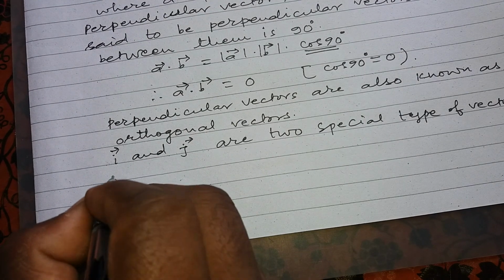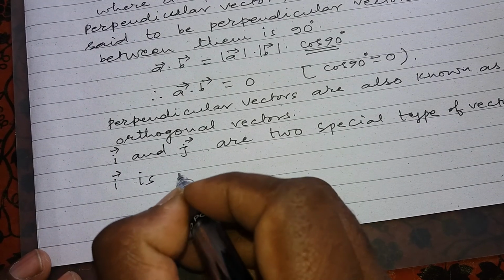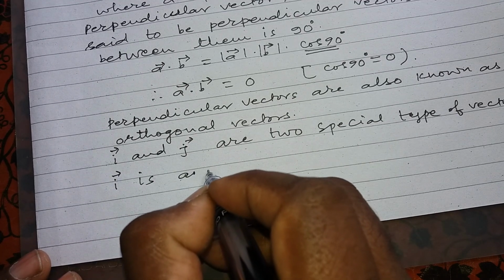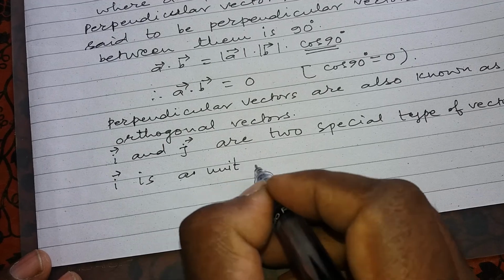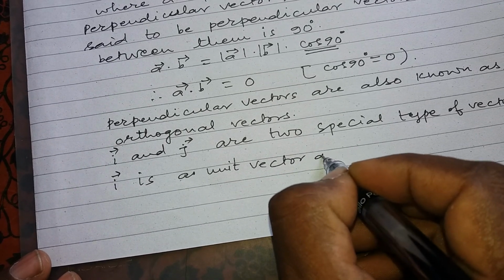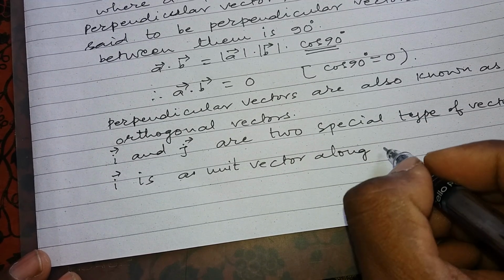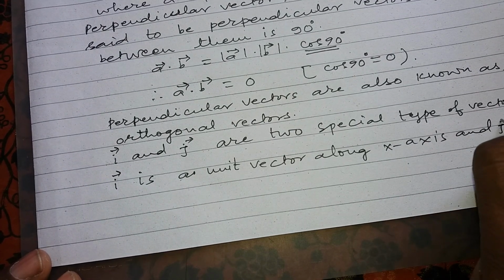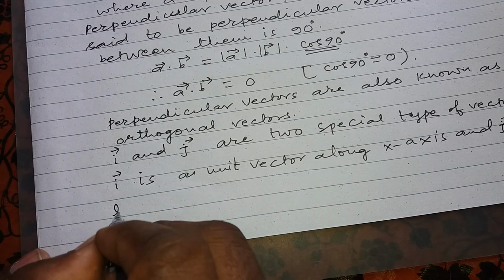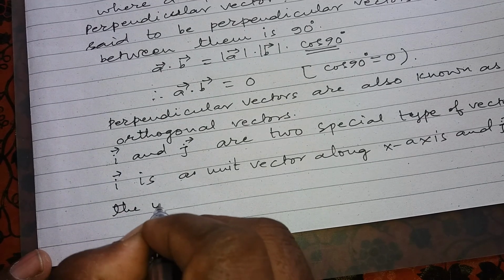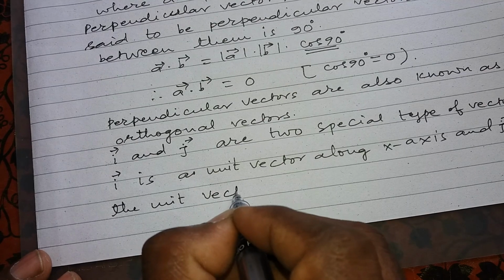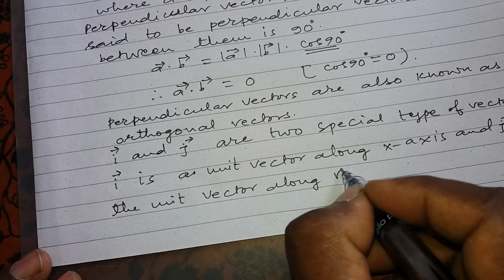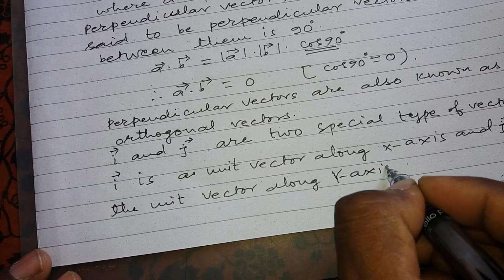I is a unit vector along x-axis, and J is the unit vector along y-axis.